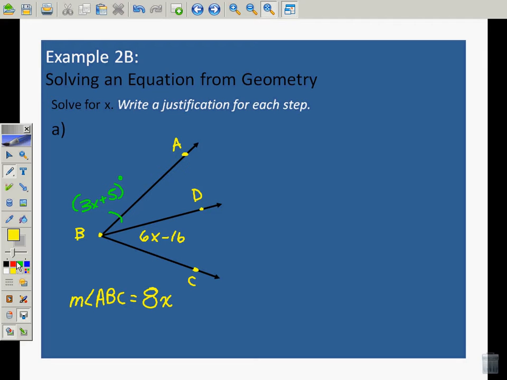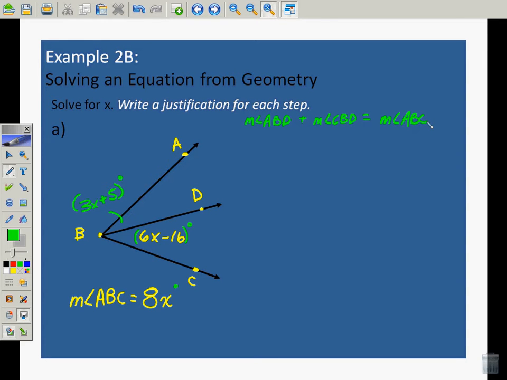So let's see. If I know that the whole angle is equal to 8x, and this is going to be degrees, and this is going to be degrees, what I can say is the measure of angle ABD plus the measure of angle CBD is equal to the measure of angle ABC.